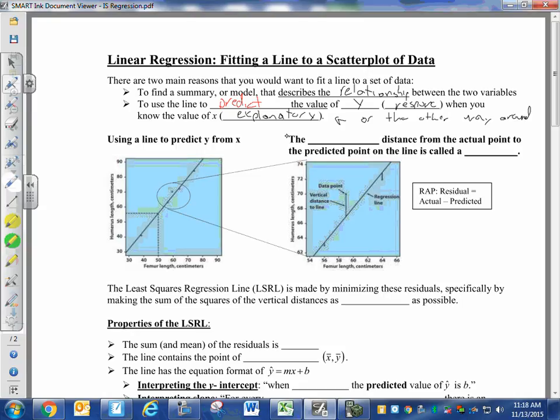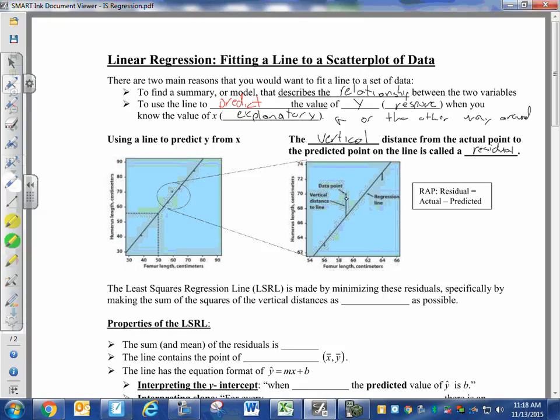So it wouldn't have mattered. Okay, how do they create this line? How does your calculator do it? Well, they take the distance between all of these points and a line, and they try to minimize it. Okay, so the vertical distance from an actual point to the predicted point on the line is called a residual.